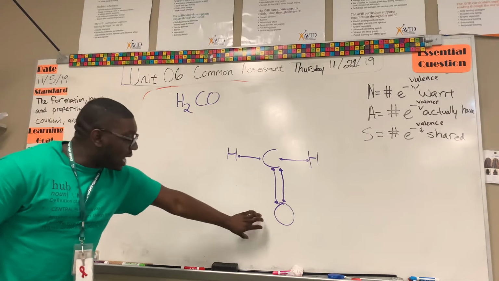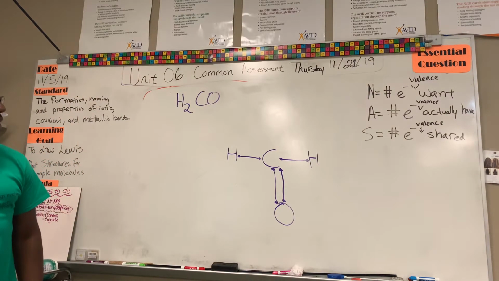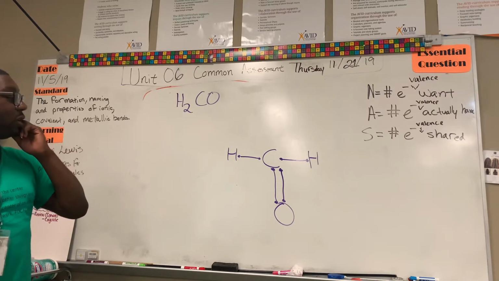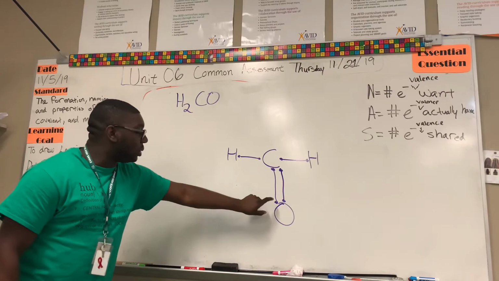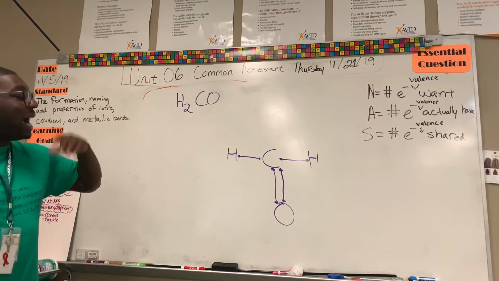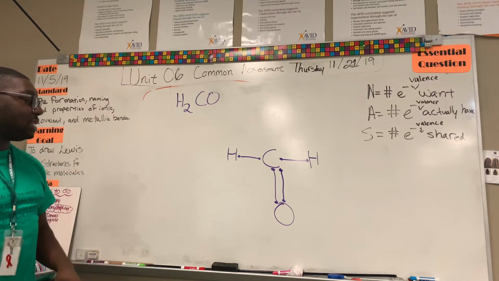Lastly, we look at oxygen. Now, oxygen's in group 6A. So being in group 6A, oxygen should have 6 valence electrons. But right now, oxygen only has 1, 2 valence electrons. So I need to add valence electrons until my oxygen has 6.